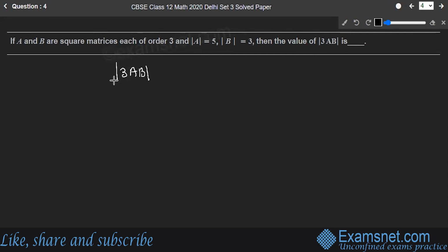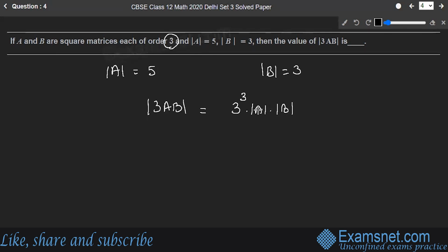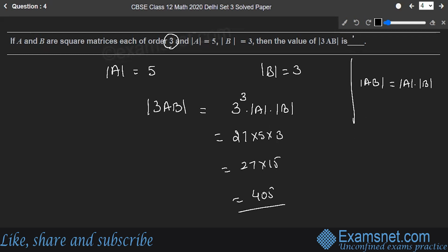Now, this is equal to 3 raised to power 3, since it's a matrix of order 3, into determinant of A into determinant of B, because determinant of AB is equal to determinant of A into determinant of B. This is equal to 27 into 5 into 3, 27 into 15, which is equal to 405. So the answer to this question is 405.